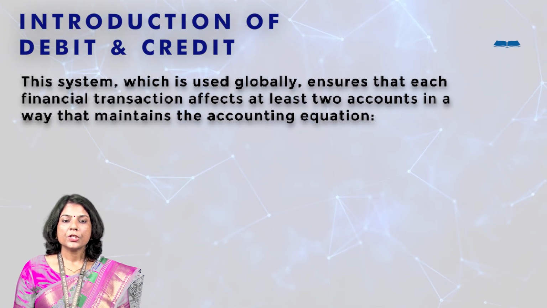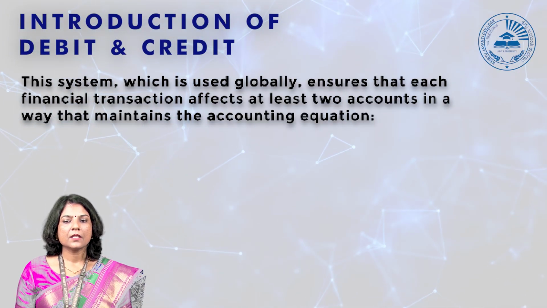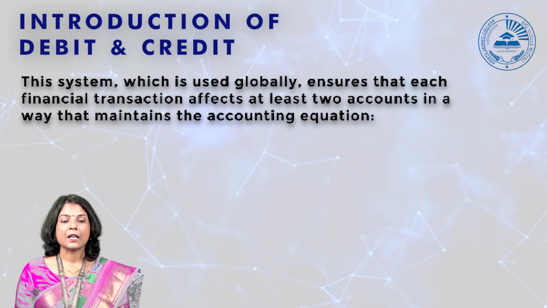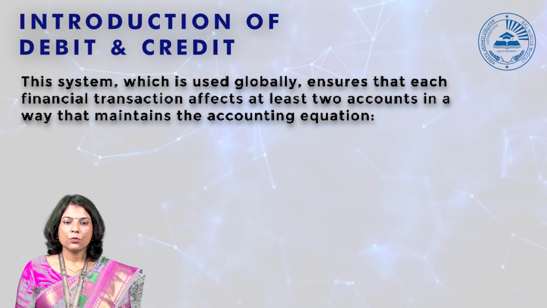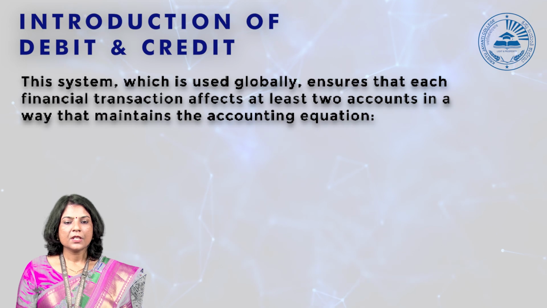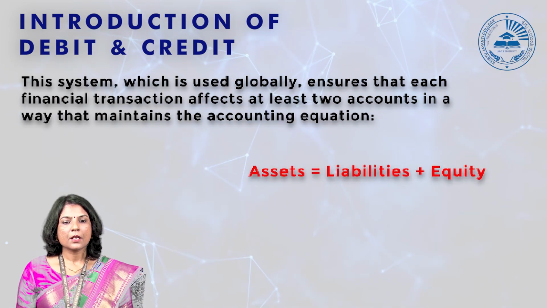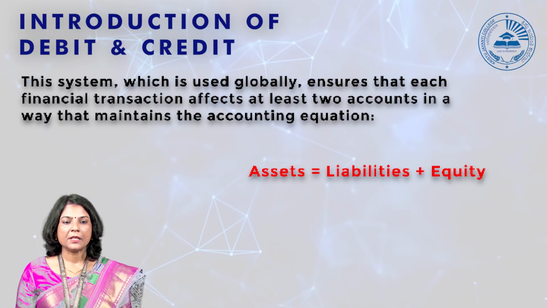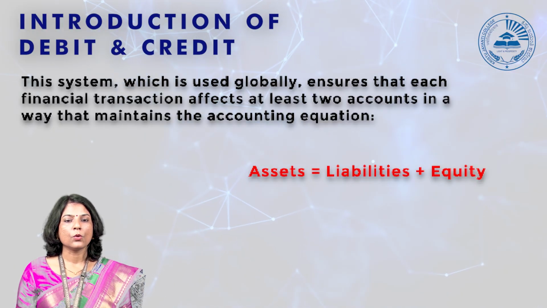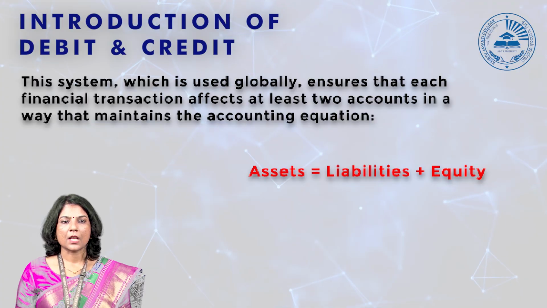This system, which is used globally, ensures that each financial transaction affects at least two accounts in a way that maintains the accounting equation. The equation is: assets equal liabilities plus equity. This accounting equation has to be maintained by the flowing in and flowing out of the value of money in transactions.